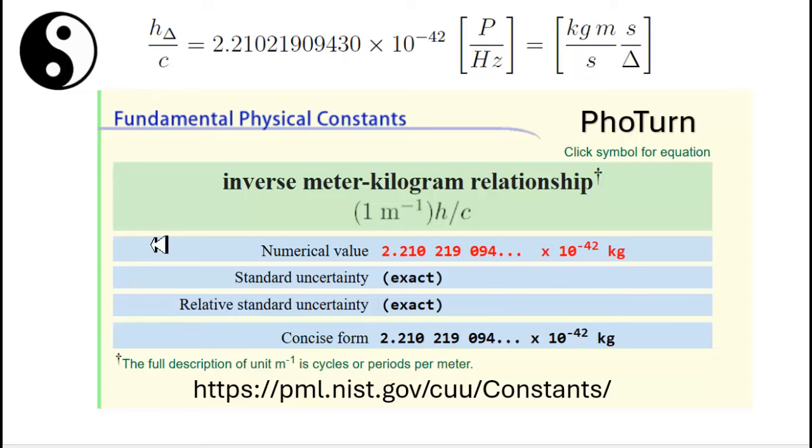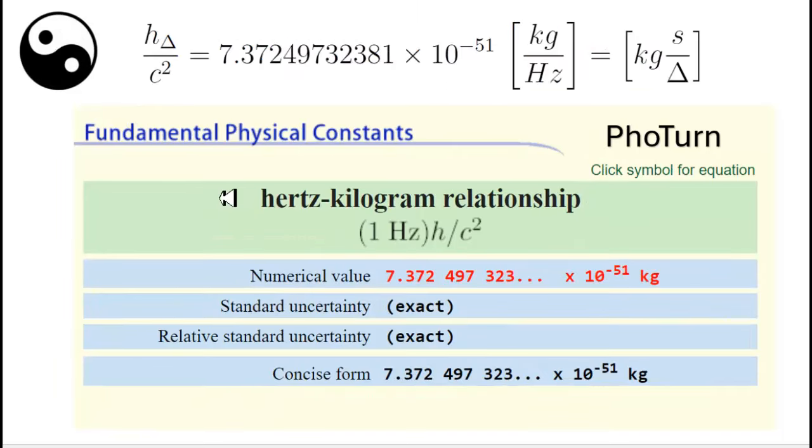So this is kilogram per hertz, which is kilogram times second per cycle, which is the mass of one period of the own particle model: one cycle, one rotation, one oscillation, one period, one wavelength of the model.